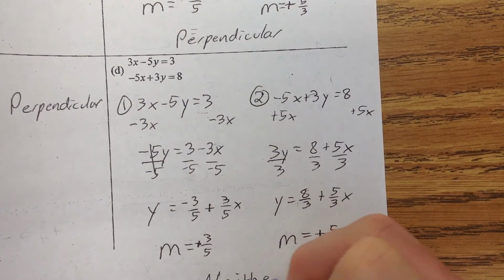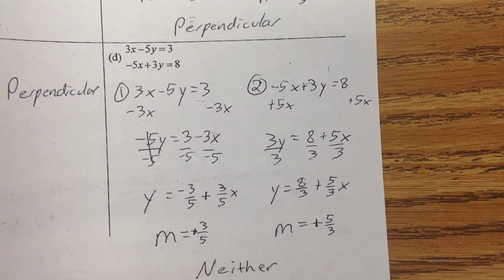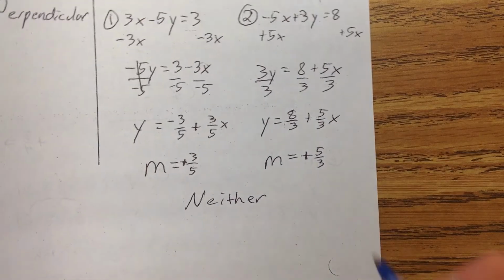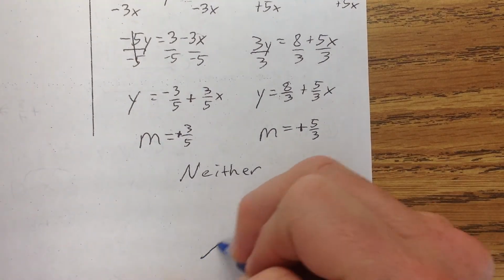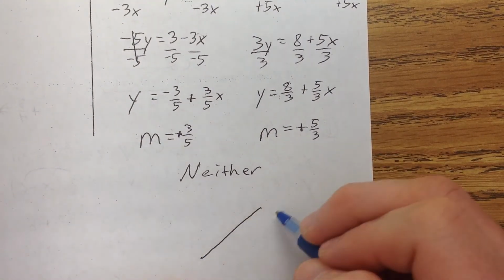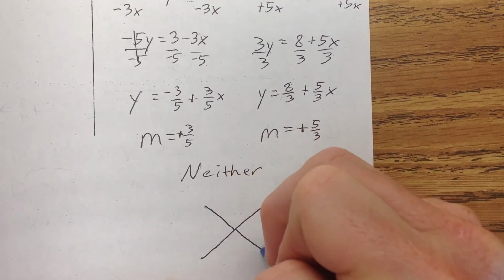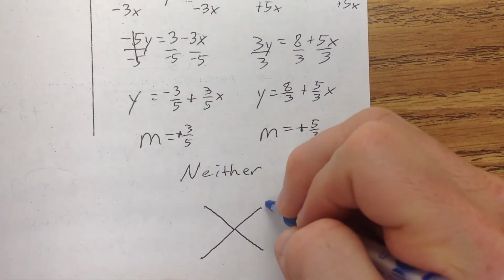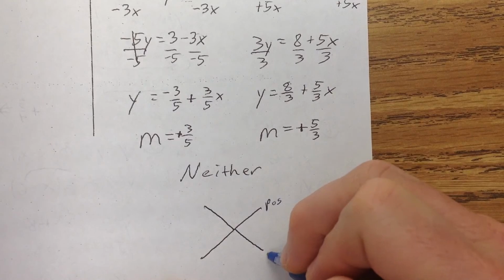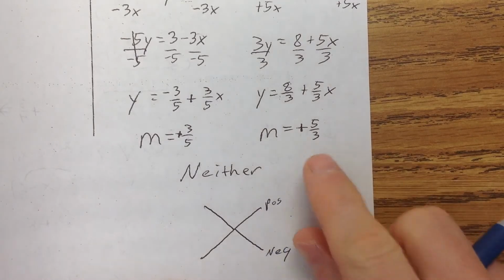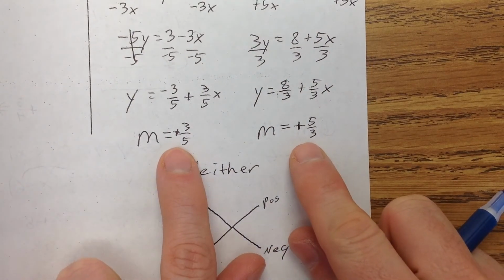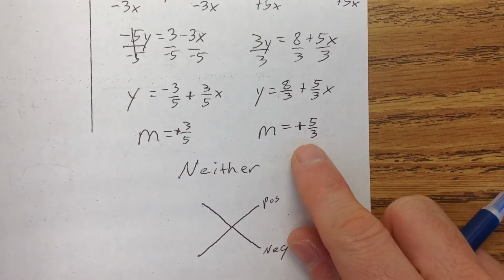We can't say it's perpendicular because the signs are the same. And that kind of makes sense. If you think about perpendicular lines, one's going to be going up, one's going to be going down, so there's always going to be one that's positive and one that's negative. So in this case, since they're both positive, they're not going to be perpendicular lines.